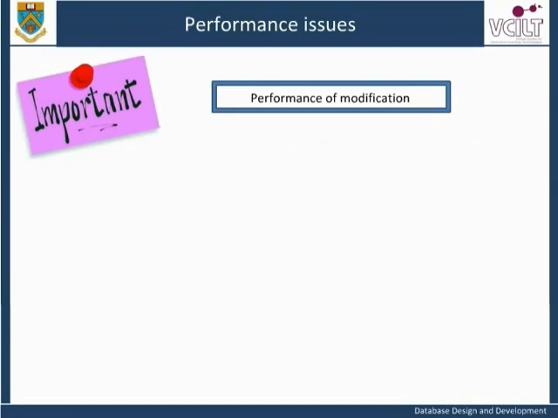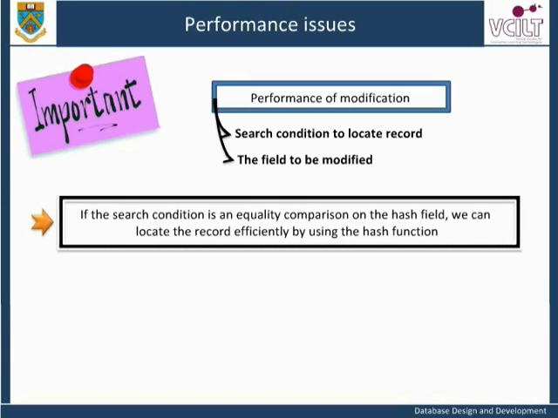The performance of a modification operation depends on two factors. First, the search condition to locate the record, and second, the field to be modified. If the search condition is an equality comparison on the hash field, we can locate the record efficiently by using the hash function. Otherwise, we must perform a linear search.